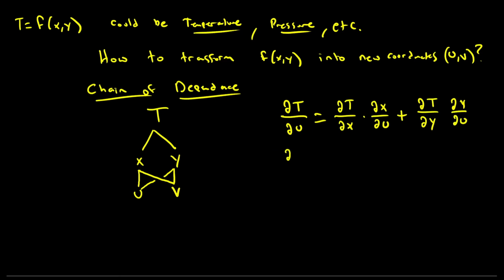And vice versa, the derivative of T with respect to v is going to be equal to the derivative of T with respect to x times the derivative of x with respect to v plus the derivative of T with respect to y times the derivative of y with respect to v.